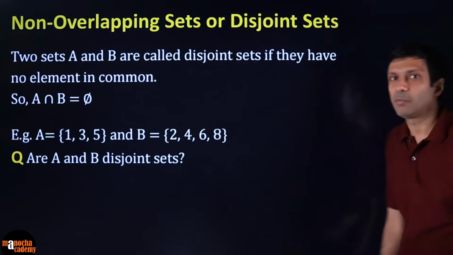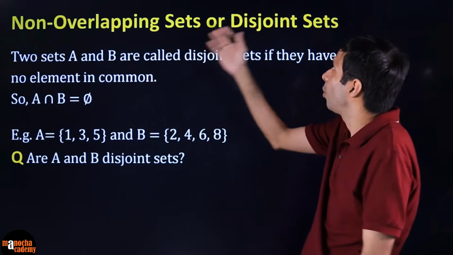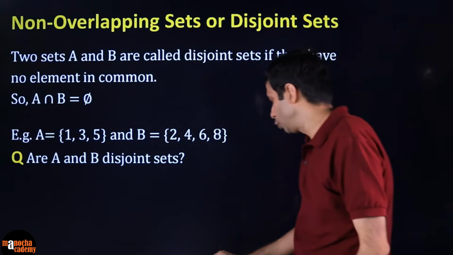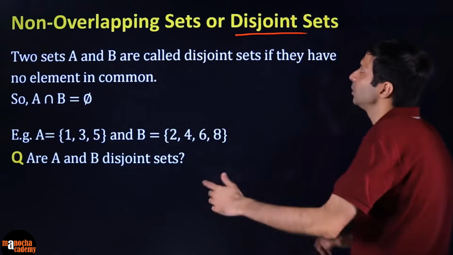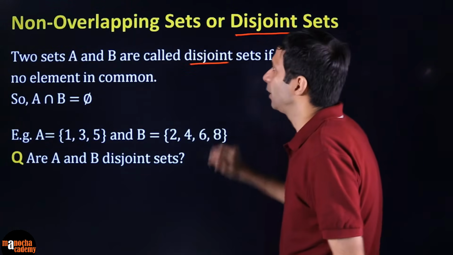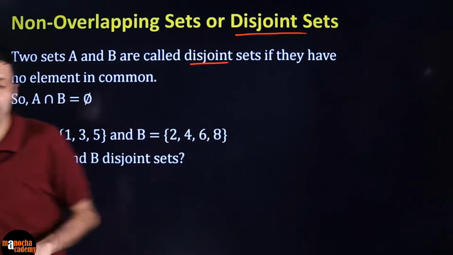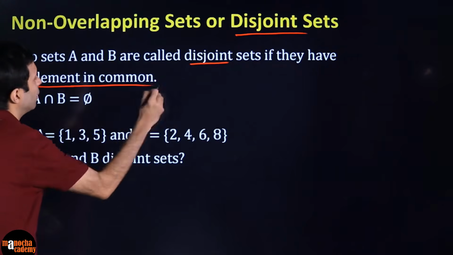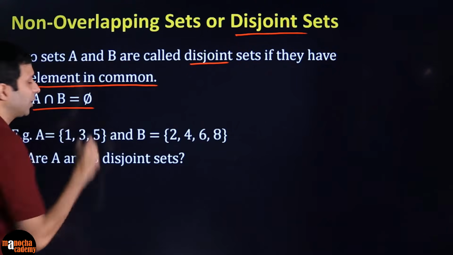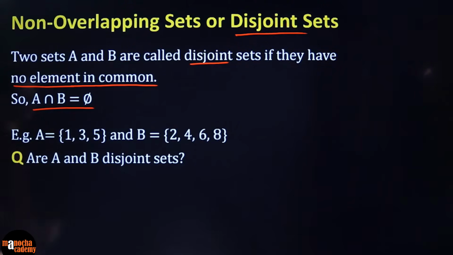That is exactly what we are discussing, non-overlapping sets, or what we call disjoint sets. Nothing in common. Two sets are called disjoint if they have no element in common. Can you see here, no element is in common. So we say A intersection B is basically the null set.